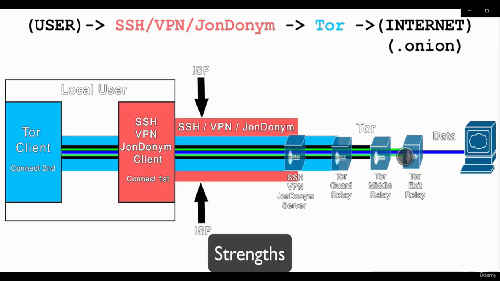using Tor through SSH, VPN, JonDonym server, or Tor guard relay, or Tor middle relay, Tor exit relay. Then it gains this data, and Tor helps to reach data by SSH, VPN, or JonDonym.